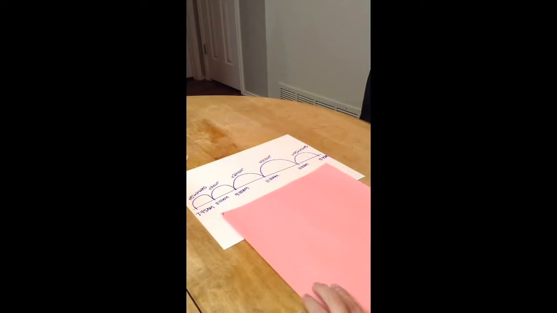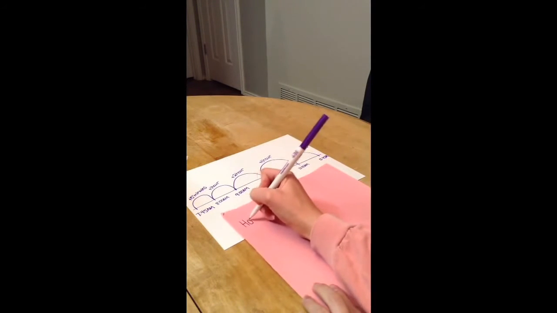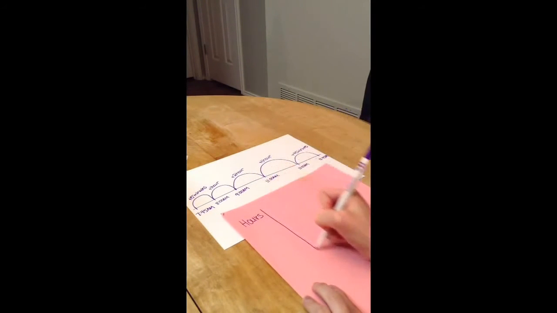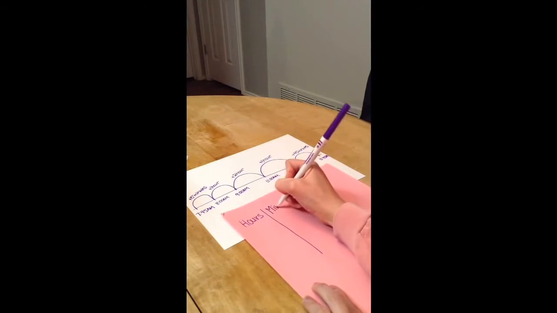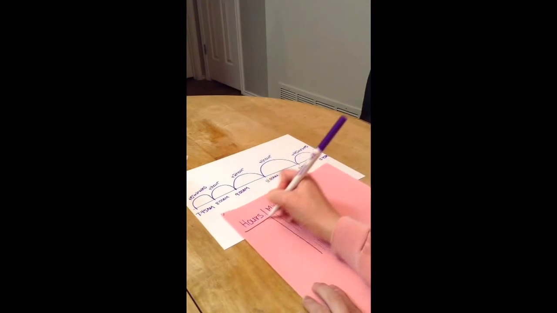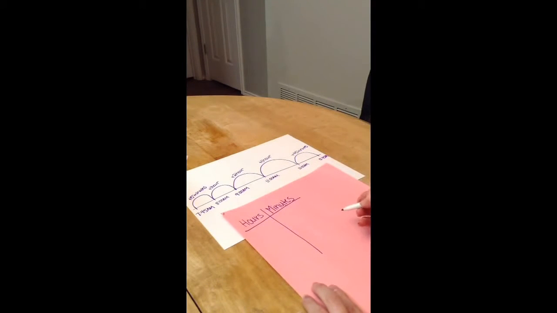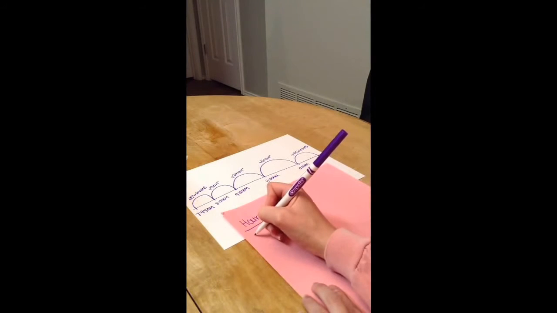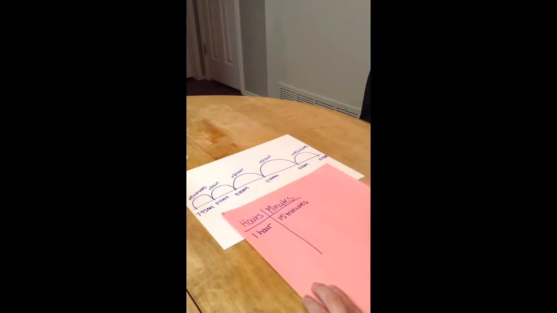So we know from looking at our graphs, we have hours and minutes. We know that we have 15 minutes from 7:45 to 8 a.m. and we have 1 hour from 8 a.m. to 9 a.m. That's 1 hour.